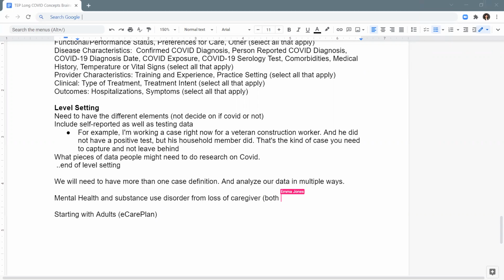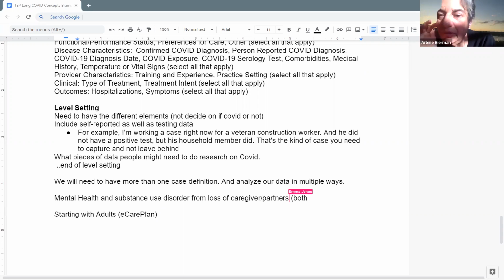So both children and adults though can have mental health and substance use disorder from loss of caregiver or loss of partners and things like that, right? No, absolutely. And our eCare plan really does capture all those mental health issues, and we do want to capture them, definitely. It's just we're not pediatric focused right now.